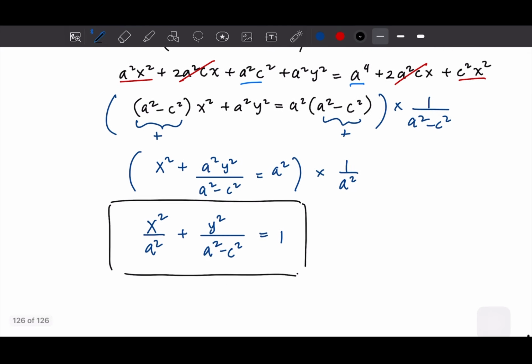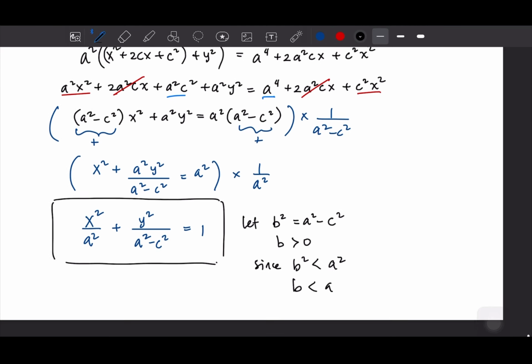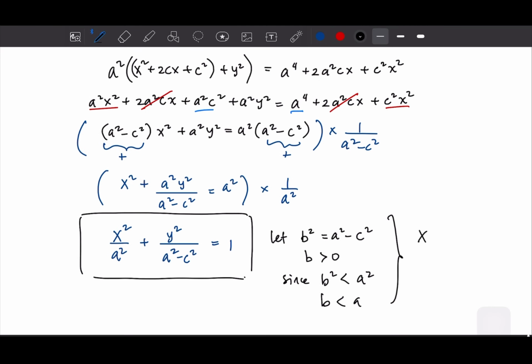And now we let some value b, b squared, equal a squared minus c squared. And of course, this is a positive b. And since b squared is less than a squared, or b is less than a, then the equation becomes x squared over a squared plus y squared over b squared equals 1.